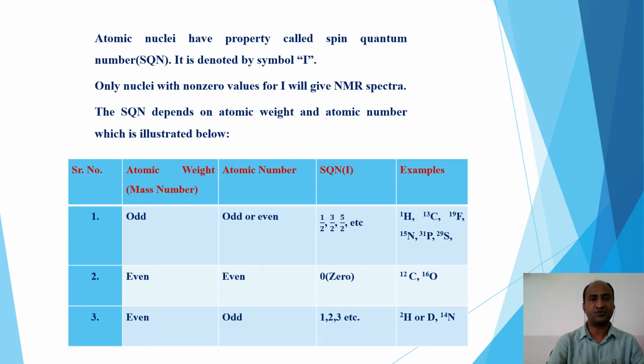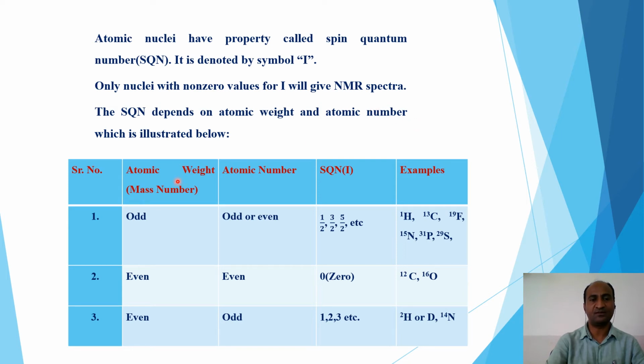This selected nuclei absorption depends on the spin quantum number, abbreviated as SQN and denoted by the symbol I. Only nuclei with a non-zero spin quantum number value will absorb in NMR and give the NMR spectra. This spin quantum number value depends on the atomic weight and atomic number of the atoms.